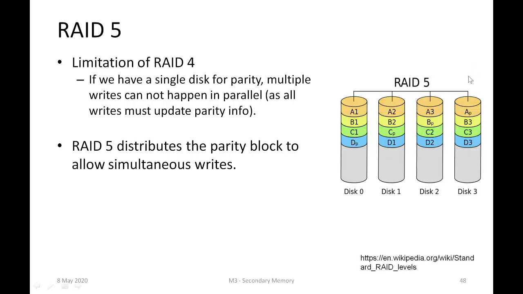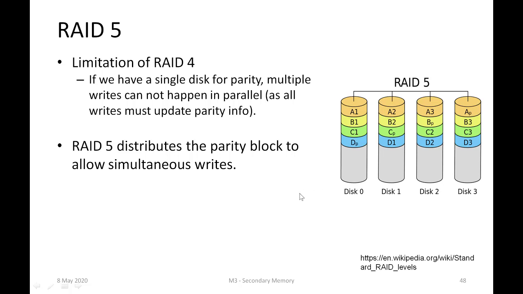So in RAID 5, for example, A1, A2, A3 are stored in the first three disks, and their parity is stored in disk 3. Earlier this was the only case, but if you look at the next set of data, B1, B2, B3 are stored in disks 0, 1 and 3, and now disk 2 has the parity. So the parity bits are distributed over all the disks.